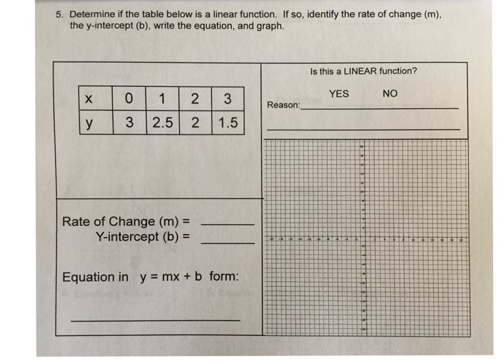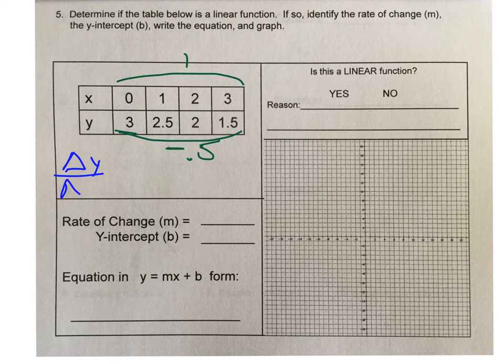Okay, so let's identify our rate of change. If you notice, these are decreasing by 0.5. These are increasing by 1. So our rate of change, our change in y divided by our change in x. Our change in y is a negative 0.5 over 1, which is the same as a negative 0.5.